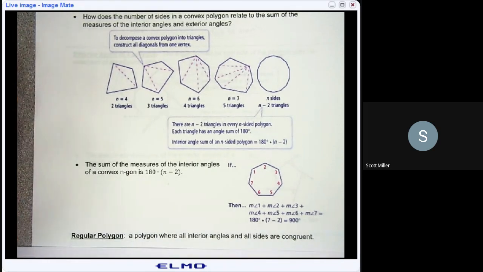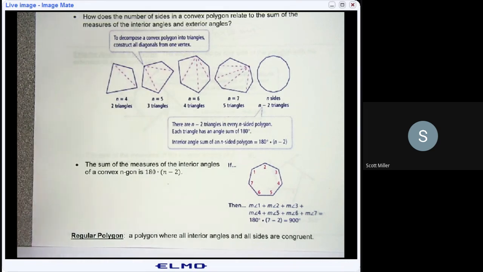The next definition down here is what is a regular polygon? You're going to see this term a lot, regular polygon. A regular polygon is a polygon where all interior angles and all the sides are congruent. Examples of regular polygons would be the equilateral triangle, and for four sides, the square would be the regular polygon.